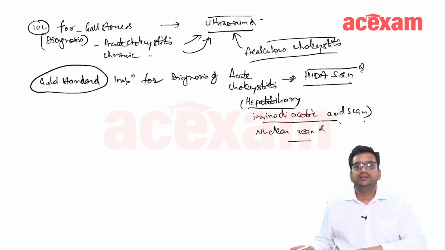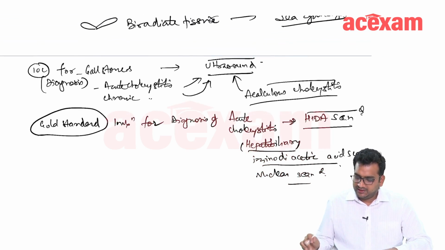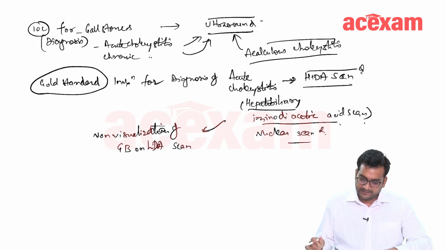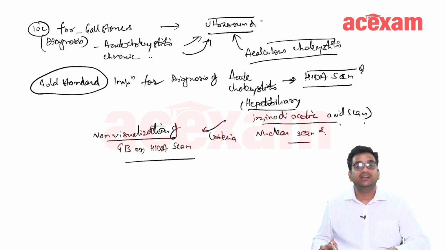So the non-visualization of the gallbladder on the HIDA scan is the diagnostic finding for acute cholecystitis. Non-visualization of gallbladder on HIDA scan is the criterion to diagnose acute cholecystitis.